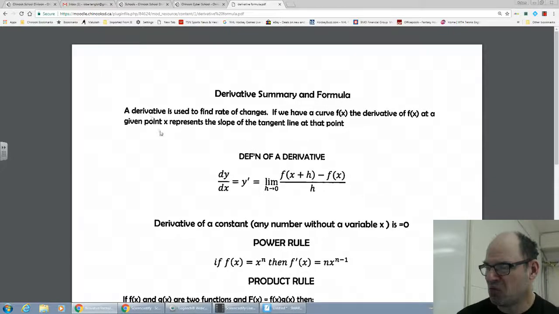There's no approximation stuff on here. There's no limit stuff on here other than maybe the definition of the derivative. So derivative is used to find rates of change. If we have a curve f of x, the derivative f prime x at a given point x represents the slope of the tangent line at that point. So basically we're looking at derivatives being slope areas.